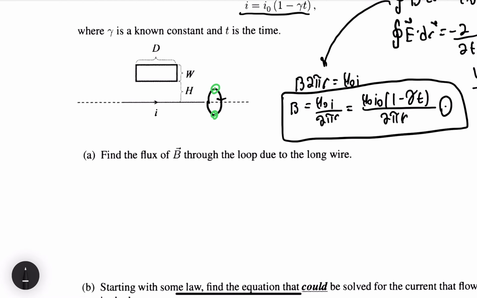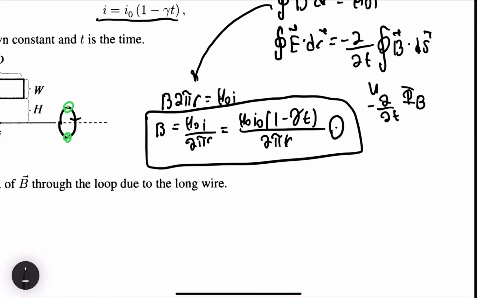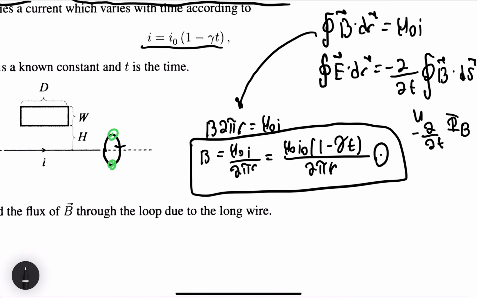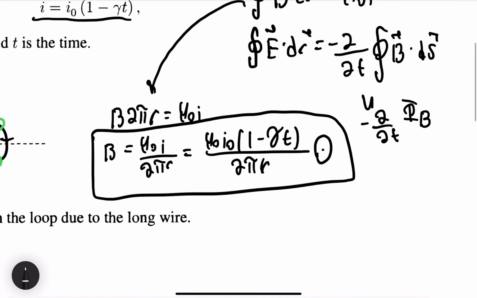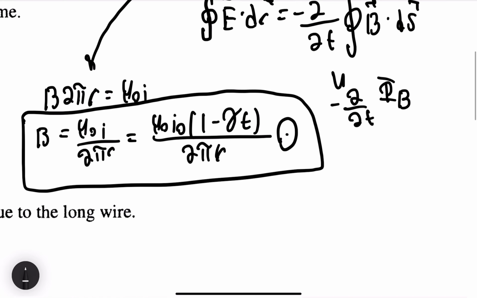And then we can use Lenz's law as well to determine the direction of the current. So in this case, we notice that the magnetic field is varying with time, right? So the magnetic field is going to decrease, right?